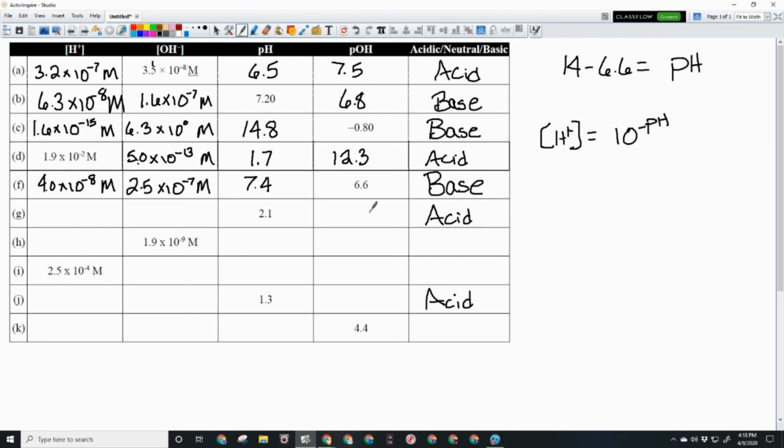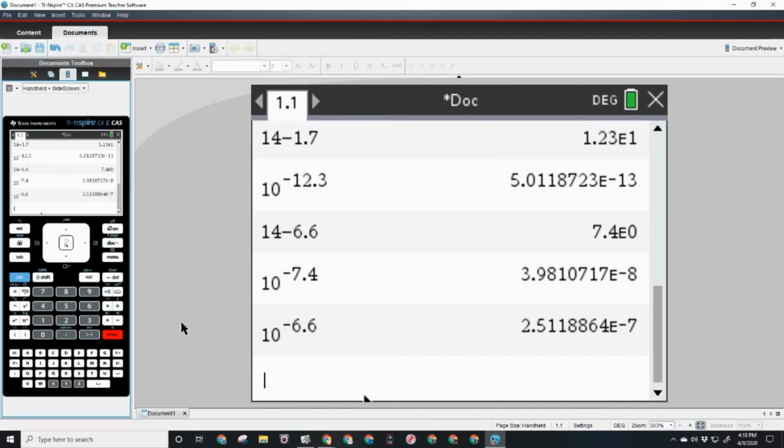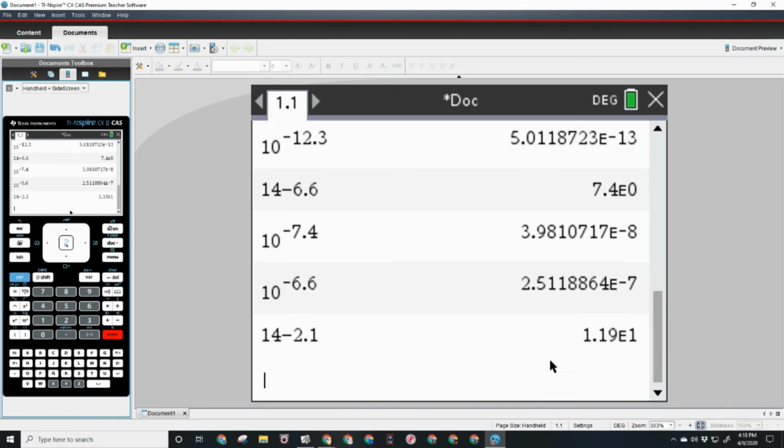So it's 14 minus 2.1. That's going to be 11.9.